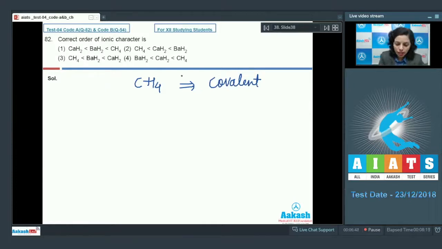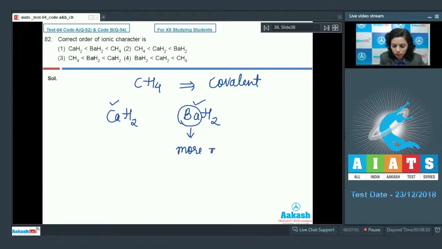So it would have the least ionic character. Now if we talk about calcium hydride and barium hydride, in these 2 cases metallic hydrides are there, but in case of barium there is more metallic character as compared to calcium. If an element has more metallic character, that definitely has more ionic character in its hydride.